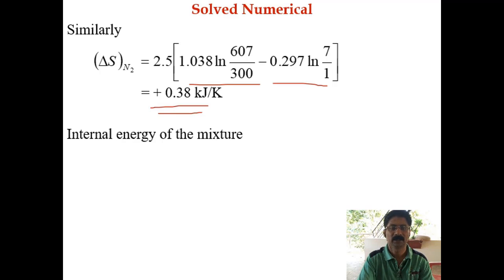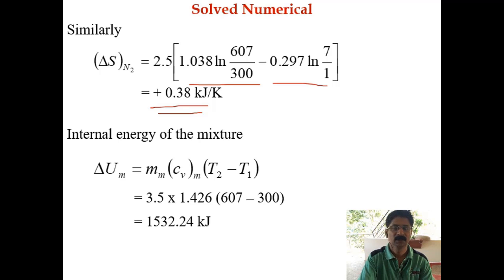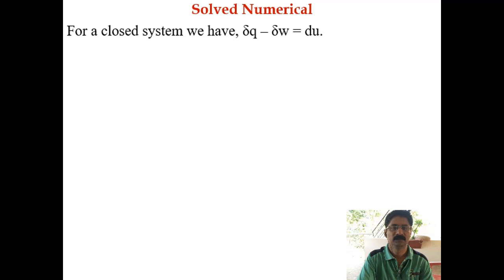And internal energy of the mixture, so delta U for the mixture is mass of mixture into specific heat at constant volume for the mixture into change in temperature, and after proper substitution you will get the change in internal energy for the mixture as 1532.24 kilojoules. Now for a closed system, as all of you know, delta Q minus delta W is equal to dU.